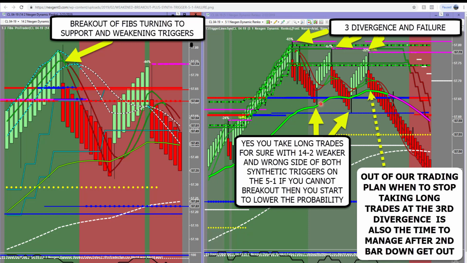And this is something that happens very often, where you get divergence and then a second divergence and you're like, that's okay, everything is still good, we're going to be going up. And if you get a third divergence on a chart, 2 bars later, you're out of your position, period. It's also when we stop taking long trades, and it's also when you exit long trades if you find yourself in a long trade. Got it?